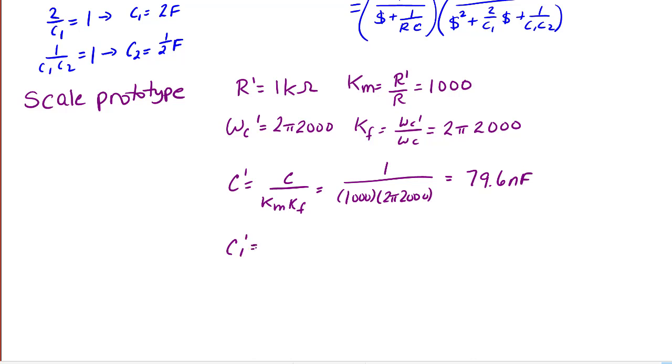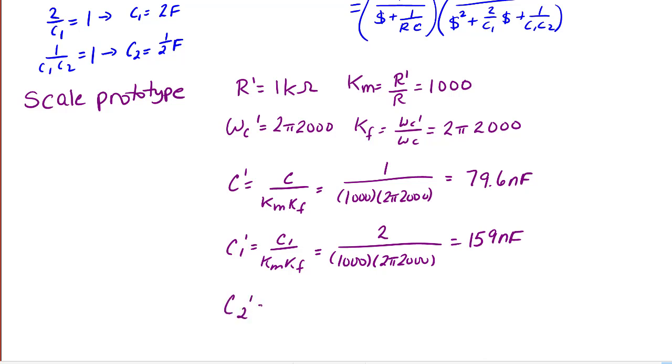C1 prime is equal to C1 over Km Kf, which equals 2 over 1,000 times 2 pi 2,000, which equals 159 nanofarads.